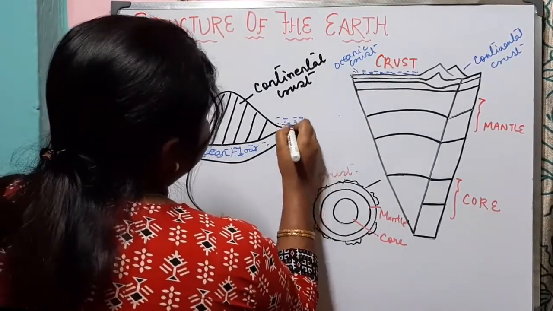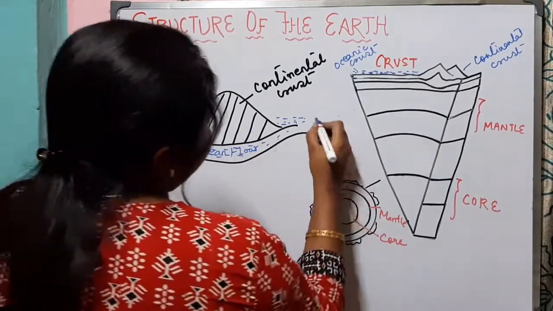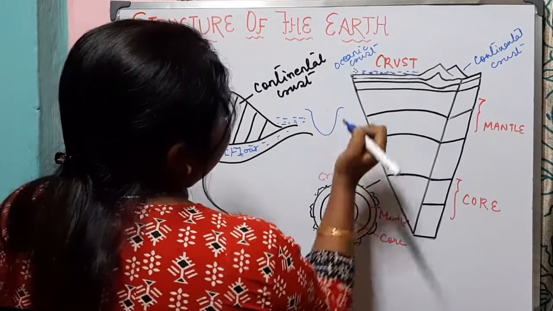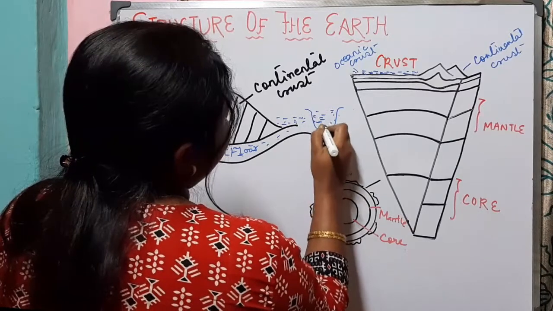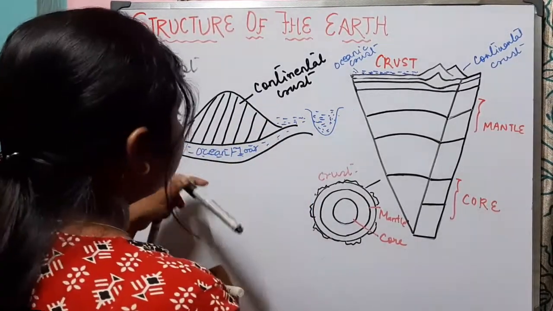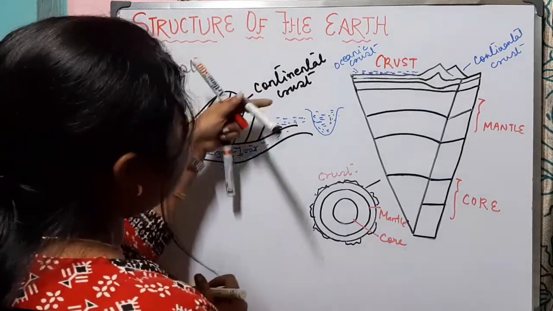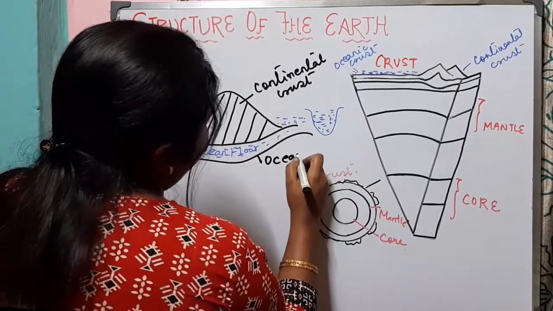This is the ocean and this is the floor of the ocean. Now, as I told you, an ocean is a cavity filled up with water. So this is the ocean and this is the floor of the ocean. And the oceanic crust lies beneath the continental crust. So here is the oceanic crust.